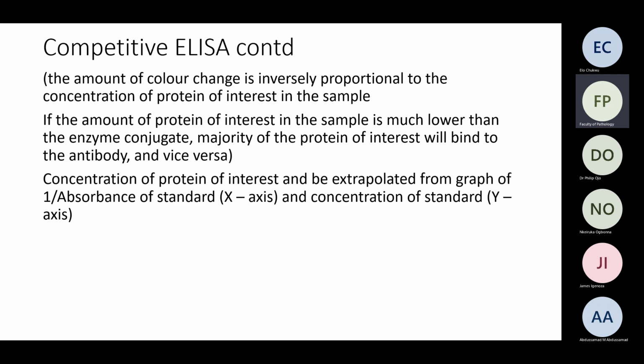What that means is that if your sample contains a low amount of protein of interest, it is the conjugated protein that will bind more to the antibody.